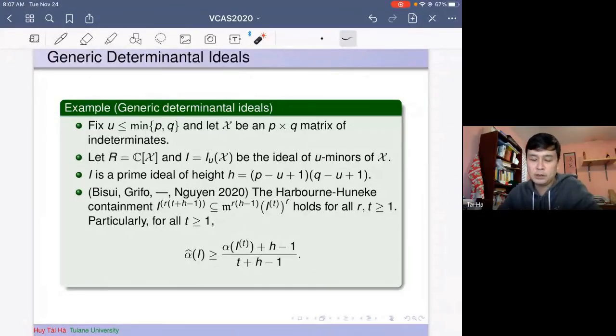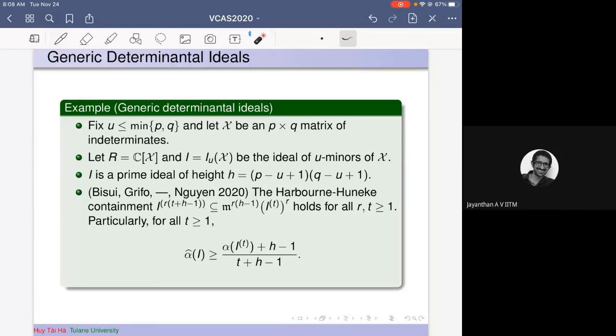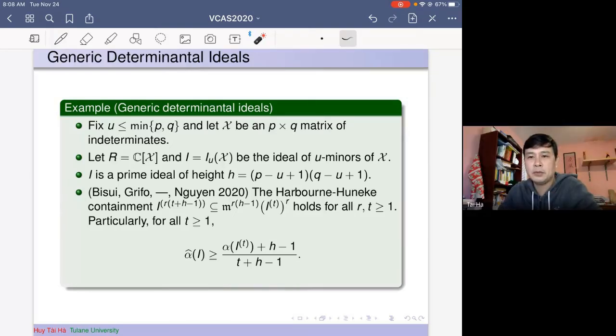We didn't look or think too much about binomial ideals. I think it would be very nice to see what kind of binomial ideals would satisfy the same containment, or have the same inequalities for the Waldschmidt constants. We don't know. Our technique here is based on very simple counting problems and understanding the symbolic powers very well. So if you have binomial ideals whose symbolic powers you can understand, then maybe you can try.